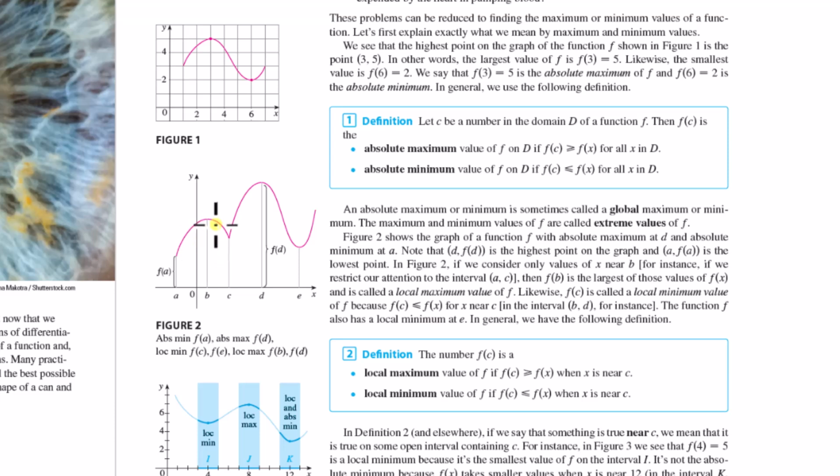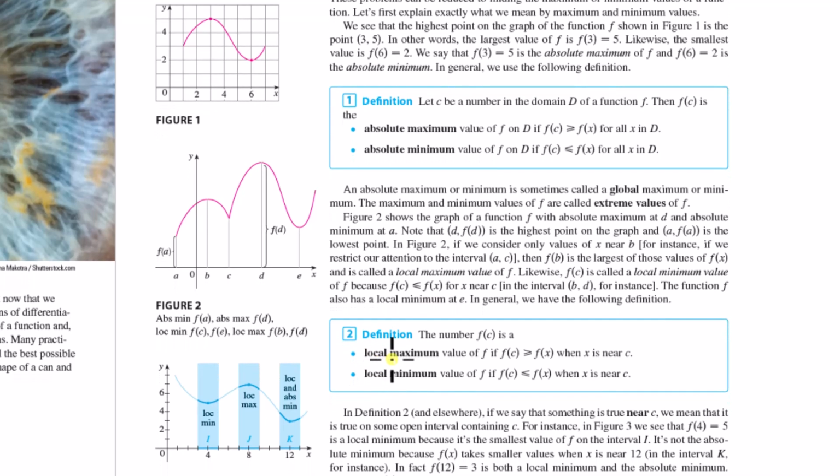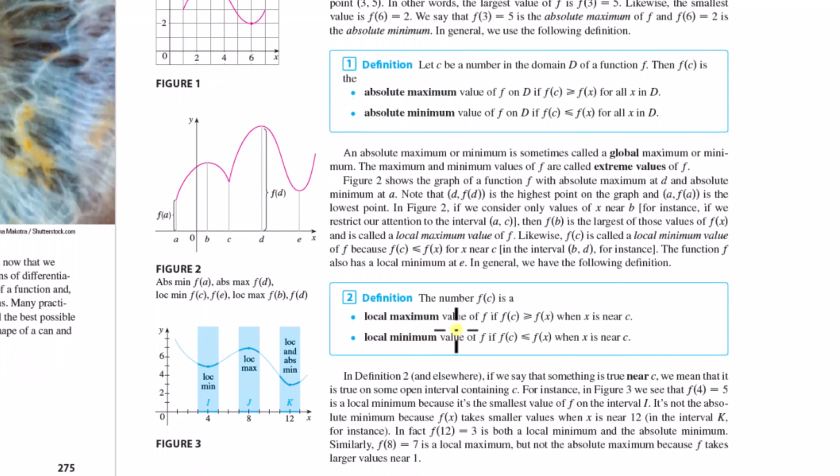And similarly, f(c) here is a local minimum because in some interval around c, so like from b to d, let's say, f(c) is a minimum. And so they give a definition here. So local maximums or minimums is when the value of the function is greater than or equal to, or less than or equal to, the function when x is near the value at that x.